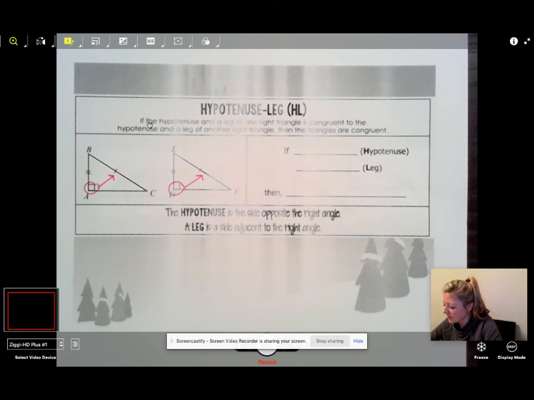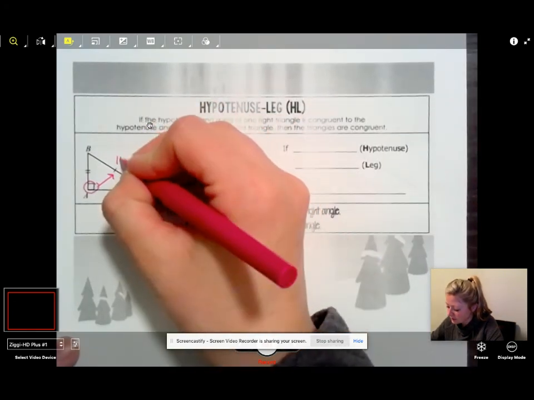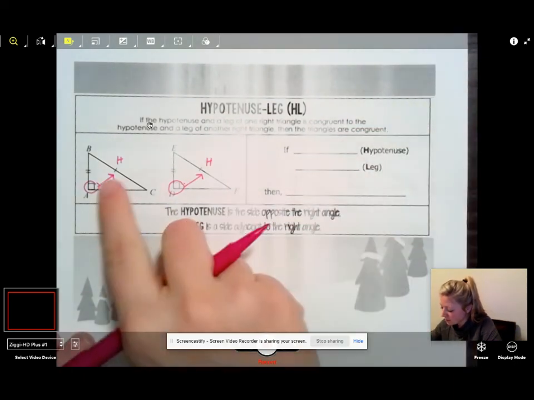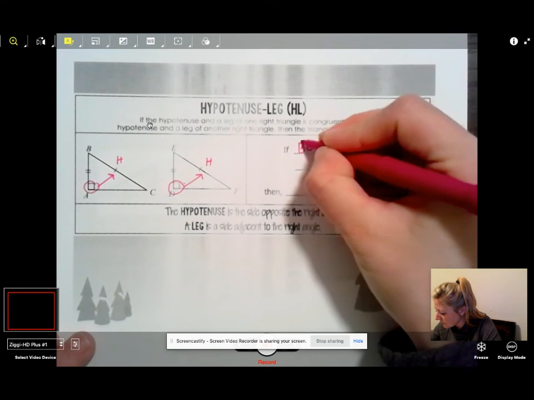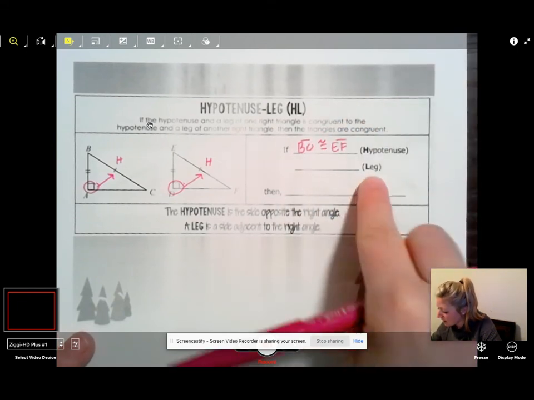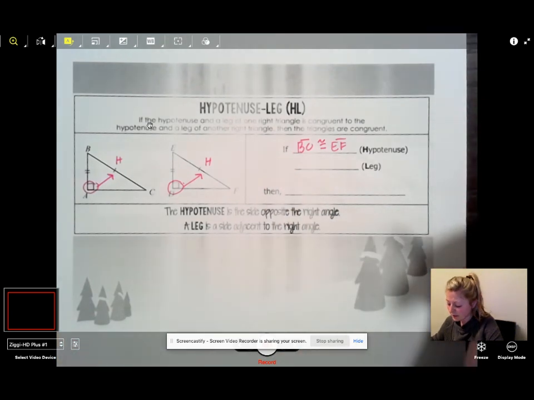Okay, so it says if the hypotenuses, so again, that's the sides across from the right angles, there's my hypotenuse. If they are congruent, they have the one tick mark and the one tick mark. So if BC is congruent to EF, and if we have a leg, so the other two sides of your triangles would be called legs of that right triangle.